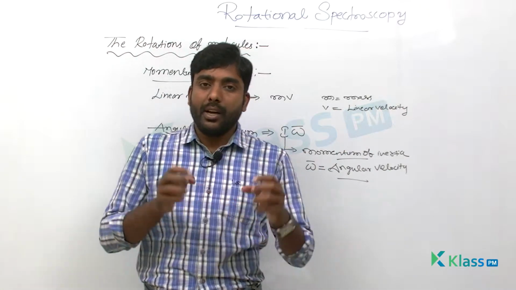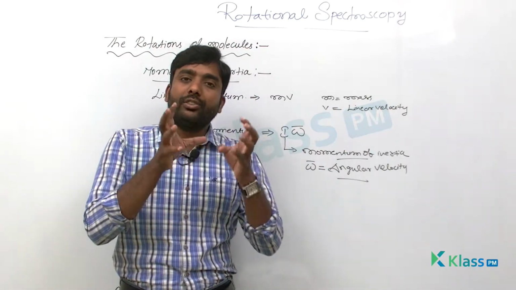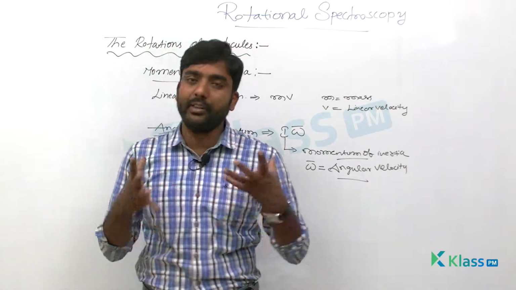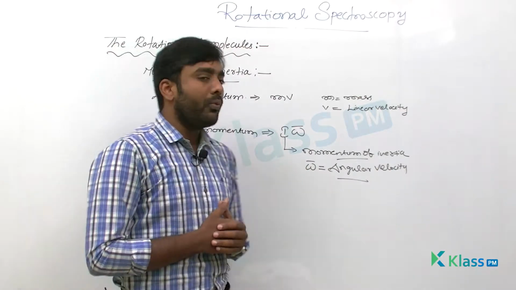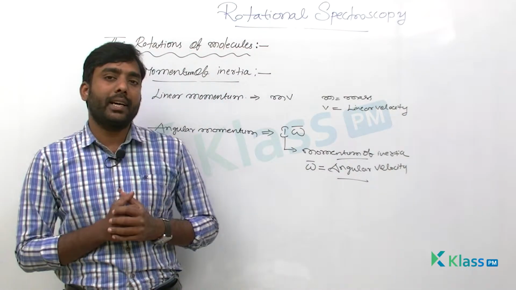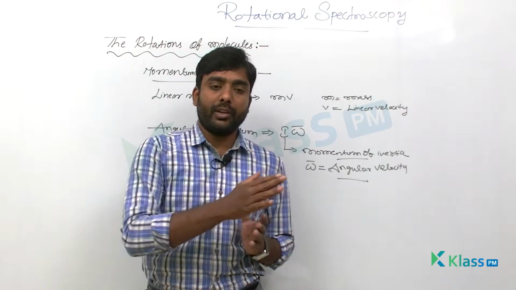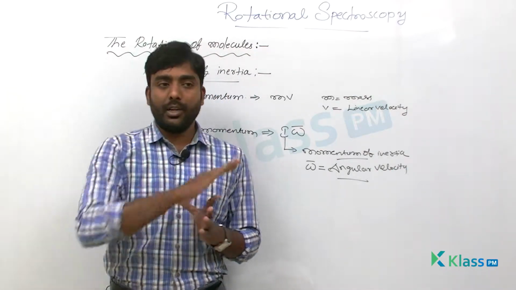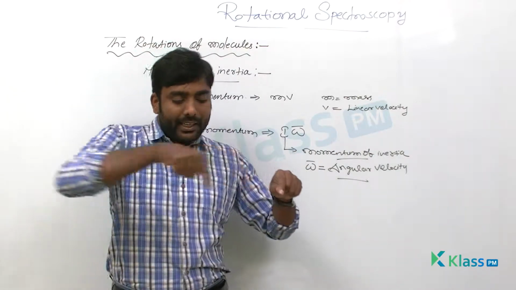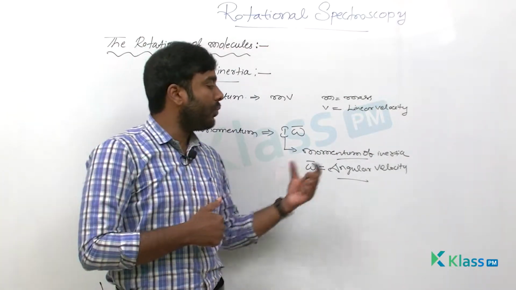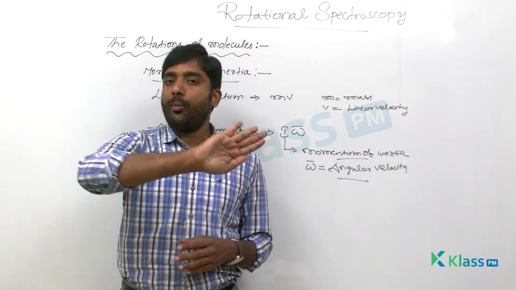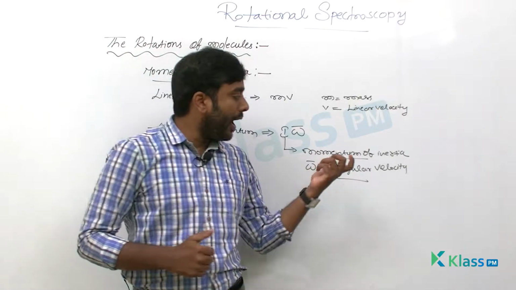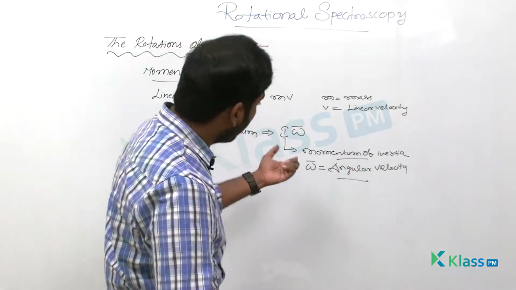What is angular velocity? In the same 1 second, how much angle a particular object covers, how much angle it travels. Here we are measuring the velocity in a straight line; here we are measuring how much distance it covered in an angle in 1 second. That is angular velocity.